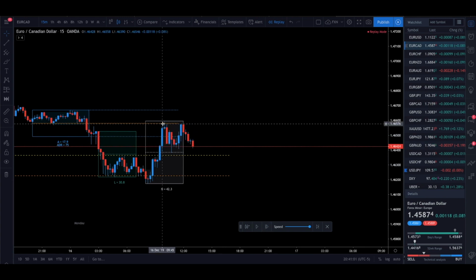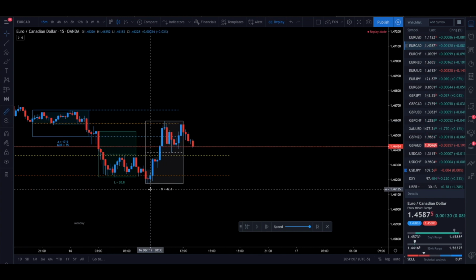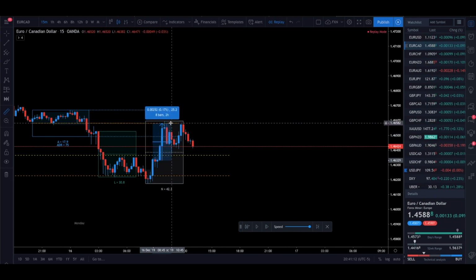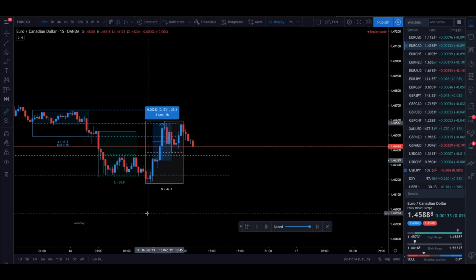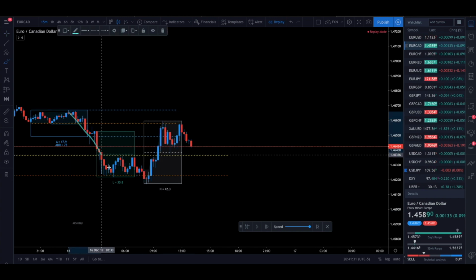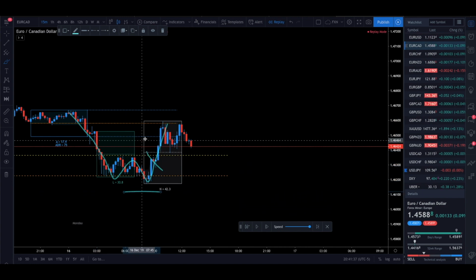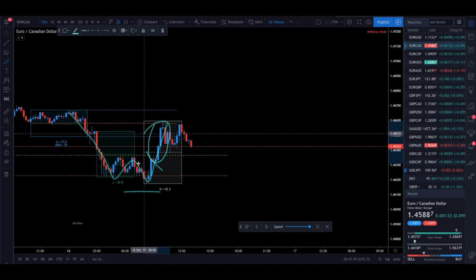Essentially they go back up to where? The middle of the Asian range. You see that? So essentially you're looking at about 25 pips or so on that particular trade. Basically got a nice W formation here. Second leg, there's your trade there.